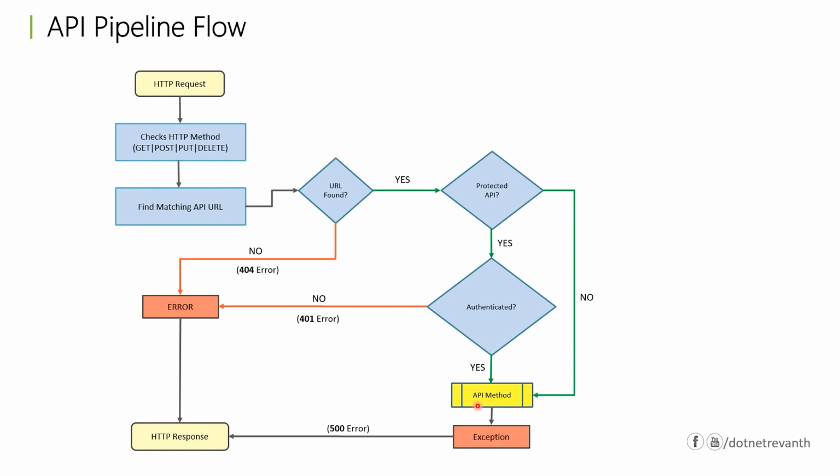If something goes wrong in the WebAPI action method, like being unable to connect to the database or some exception occurring in the method, it will return a 500 internal server error message to the client. If it is successful, it will return a 200 response, which means success. This is the complete flow of a WebAPI pipeline.